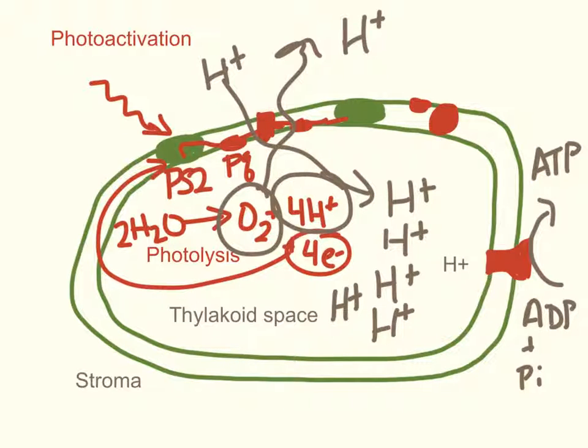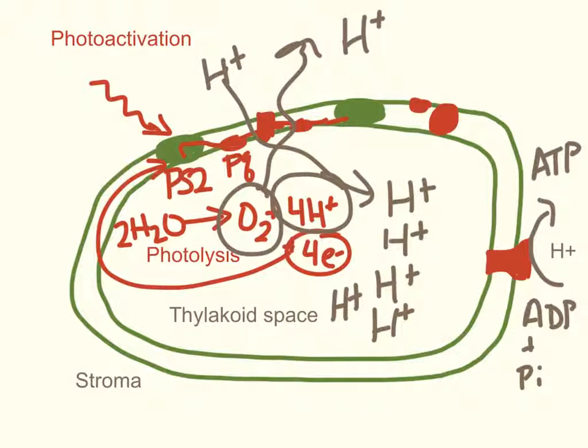Next, we have the process of chemiosmosis, which is very similar again to the cell respiration process. The proton gradient that develops within the thylakoid space will cause a concentration gradient, which will allow protons to move through the ATP synthase and out back into the stroma.